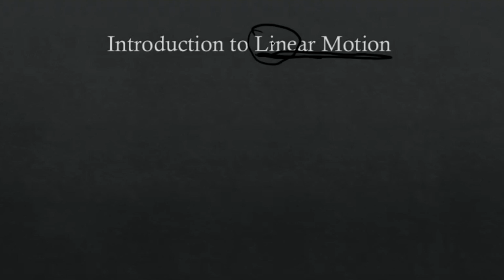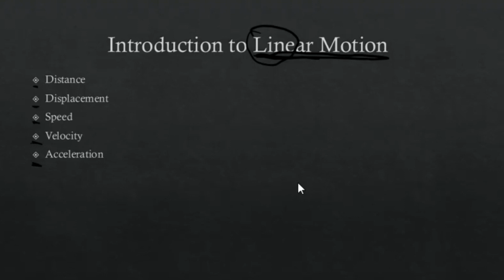Now, when dealing with linear motion and other types of motion, we have some basic terms that would be seen in all these kinds of motion. With these basic things, we'll look at distance, displacement, speed, velocity and acceleration. We also have deceleration. These terms are seen in almost all the various types of motion, but depending on the type of motion it is dealing with, you have a name added to it associated with that type of motion.